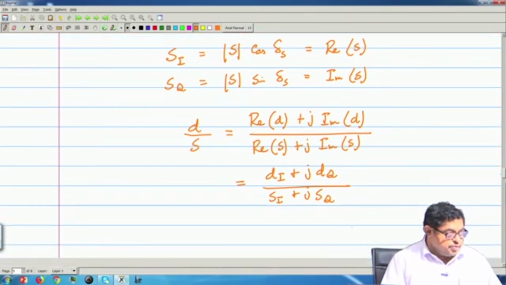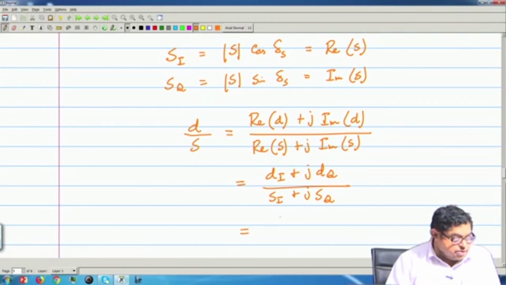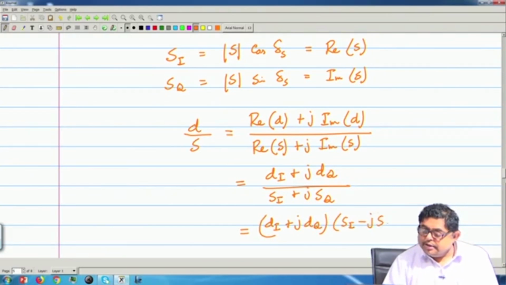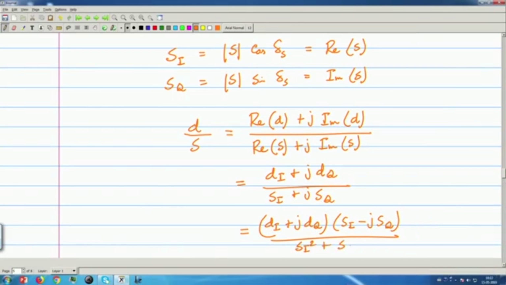So, this D by S ratio, now I can make it (DI plus j DQ) into (SI minus j SQ), over SI square plus SQ square.